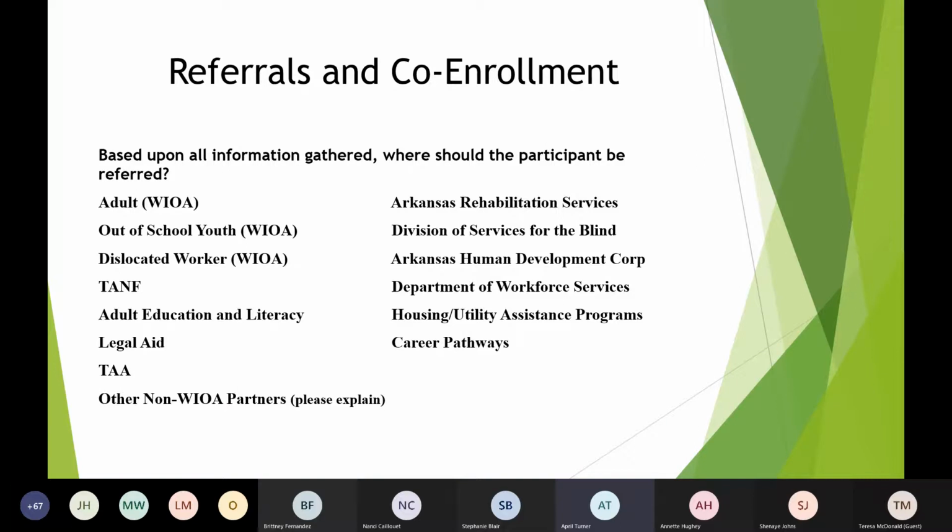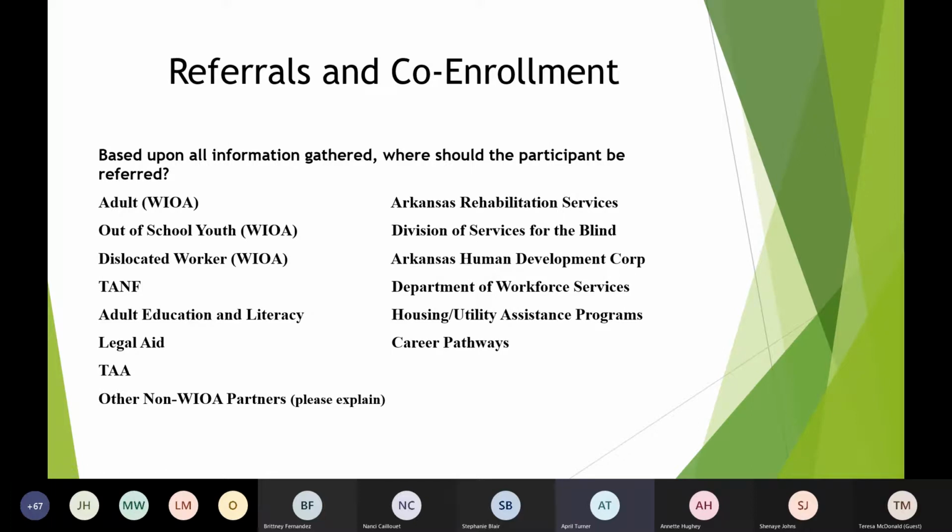And if so, you may be enrolling them in a co-enrollment or partner provided service, or you may enroll them under us. But try to use every option you have out there to help this person, because everything that they can get to help them will help them succeed.